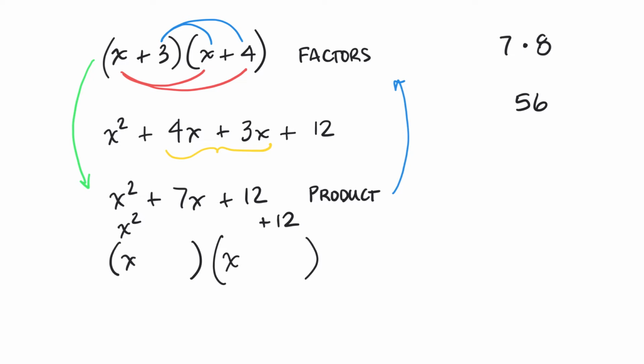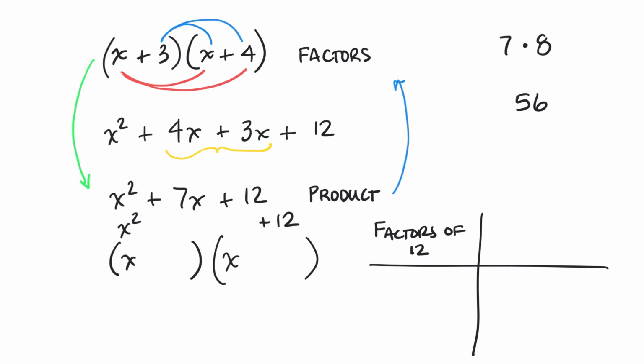And to get that middle number, it's going to be factors of 12. And those two factors have to add up to 7. So numbers that multiply together to get 12, 4 and 3, that when you add them up, because we add them up right here, we get 7.